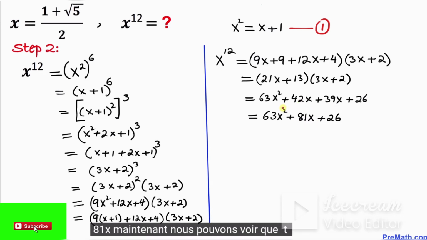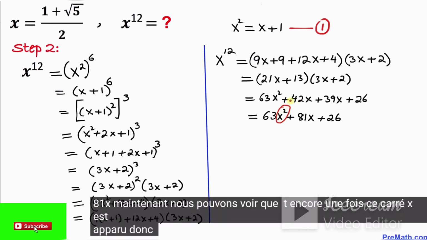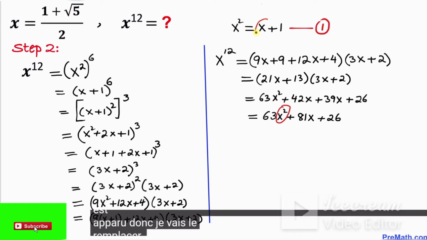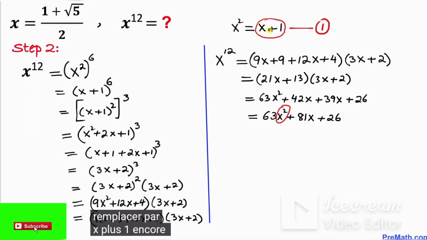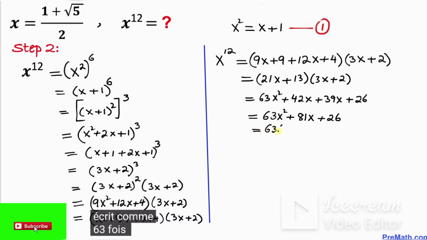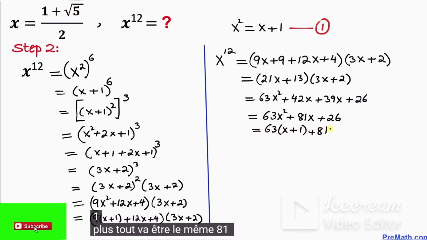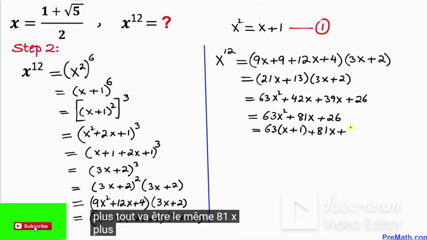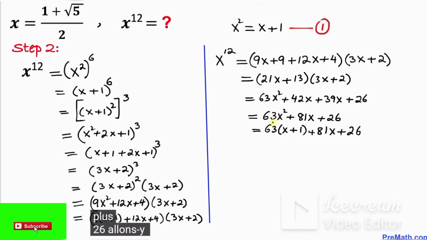Now we can see that once again this x square showed up, so I'm going to replace it by x plus 1 once again. So this could be written as 63 times (x plus 1) plus everything the same, 81x plus 26. Let's distribute these ones.